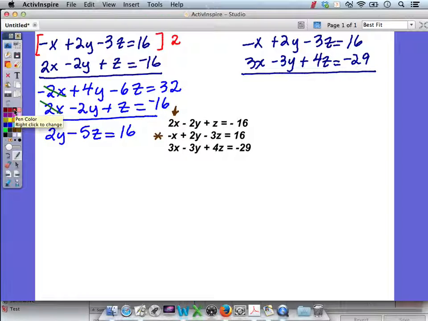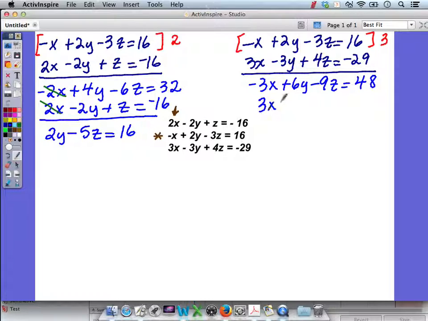So now I come over to the other side, and I'm going to eliminate the x. In order to eliminate this x right here, I have to multiply this top equation by 3. When I multiply the top equation by 3, we have -3x plus 6y minus 9z is equal to 16 times 3, which is 48.